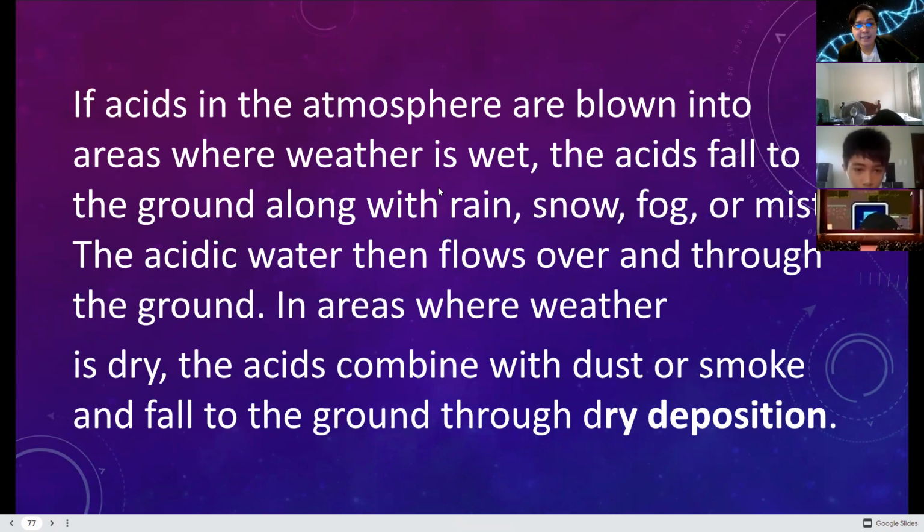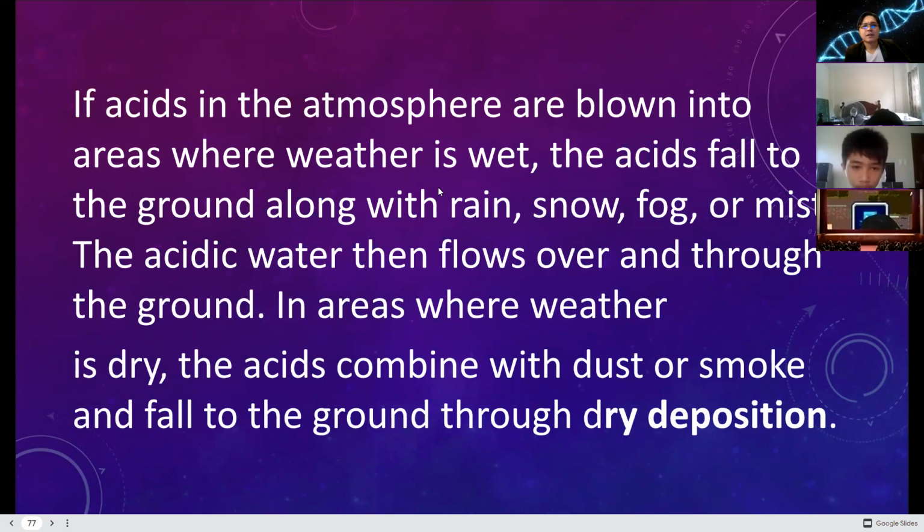The acidic water then flows over the ground. In areas where the weather is dry, the acid combines with dust and smoke and falls to the ground through dry deposition.